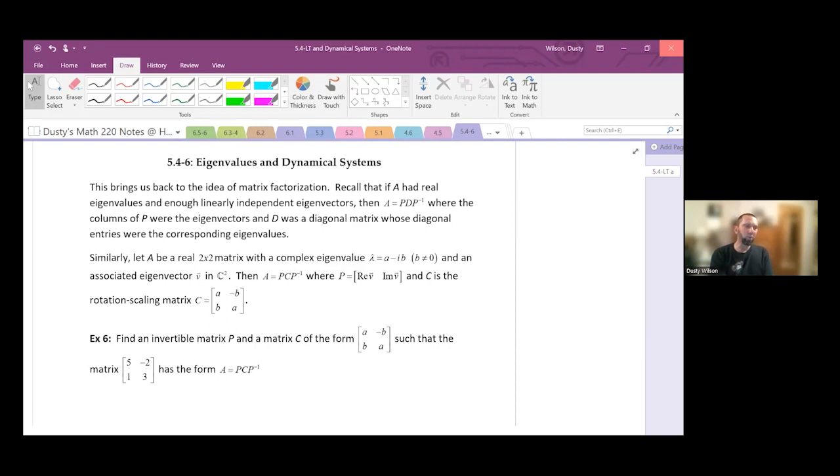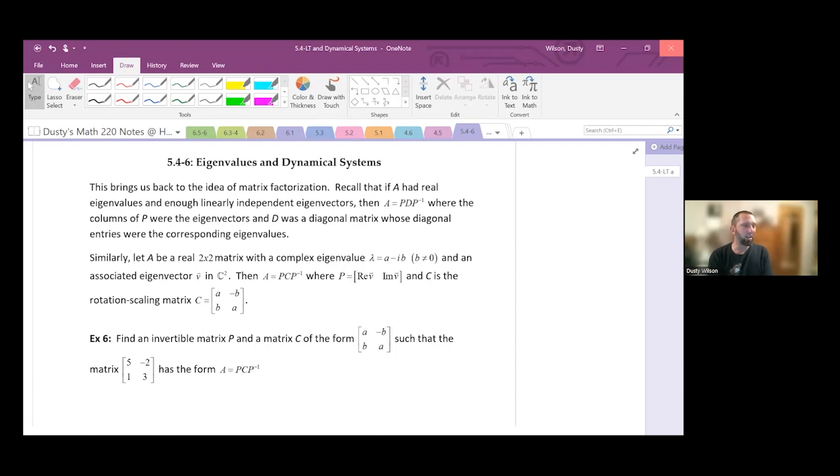Recall that if A had real eigenvalues and enough linearly independent eigenvectors, then A equals P D P inverse, where the columns of P were the eigenvectors and D was a diagonal matrix whose diagonal entries were the corresponding eigenvalues. Similarly, let A be a real 2 by 2 matrix with complex eigenvalue lambda equals a minus bi, b not 0, and an associated eigenvector v in C2.